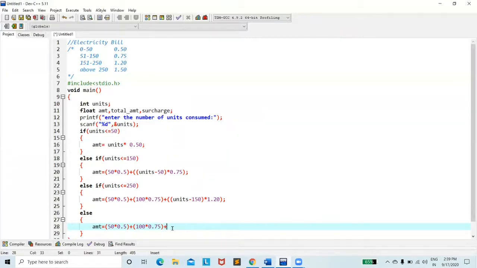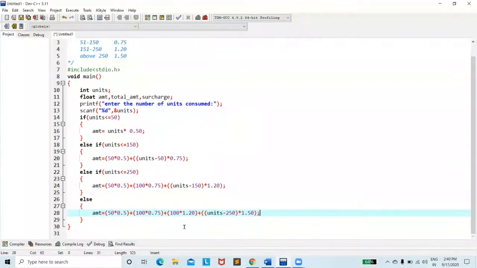For that we'll be writing 100 into, the last case is above 250, remember, 100 into 1.20, plus the remaining number of units, that is units minus 250, and those will be multiplied by 1.5. So we are done with our electricity bill.